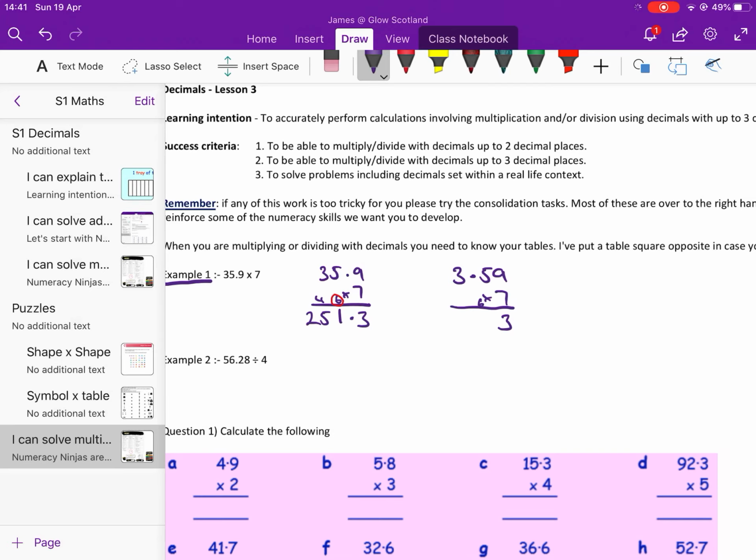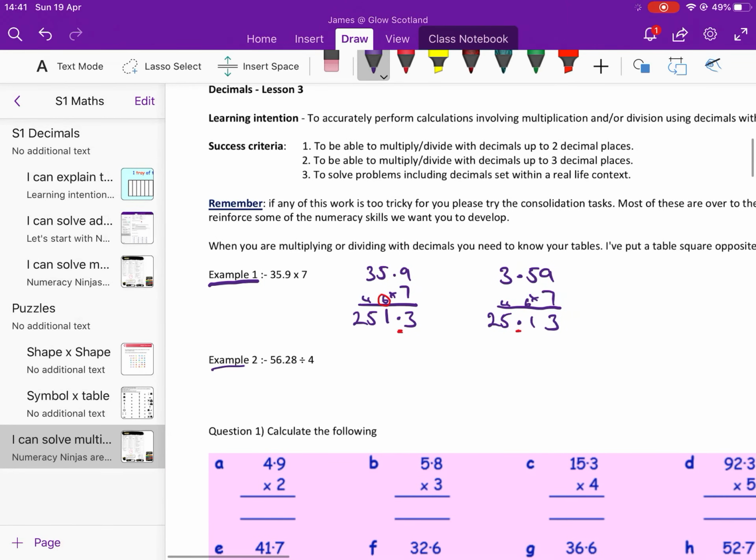We still do 7 times 5, which is 35. Add on that 6 is still 41. The point comes next. And then 7 times 3 is still 21. Add on that 4 is still 25. So the only thing that really changes is the position of the point in our answer, because it was given in a slightly different position in the question. So the process is exactly the same.